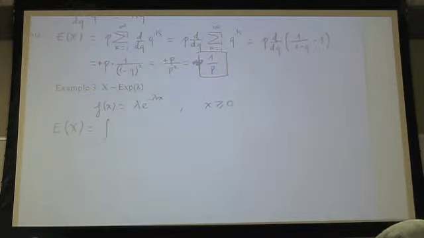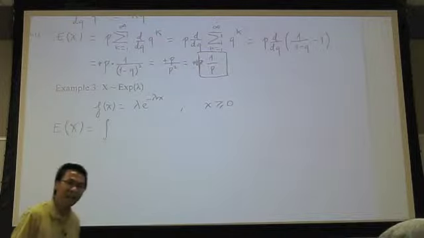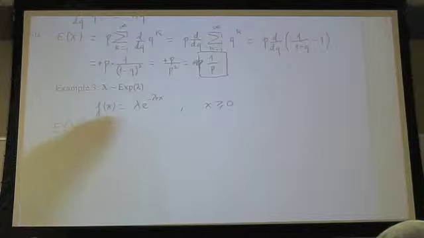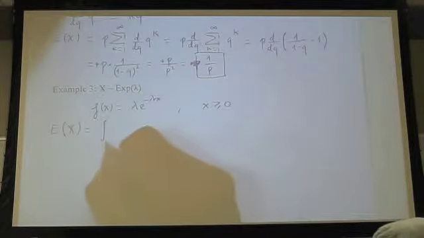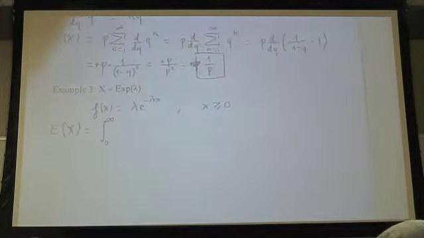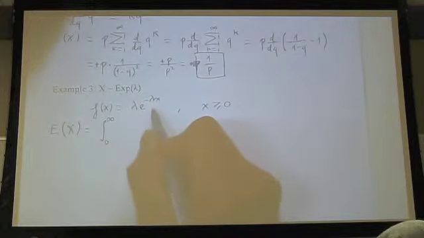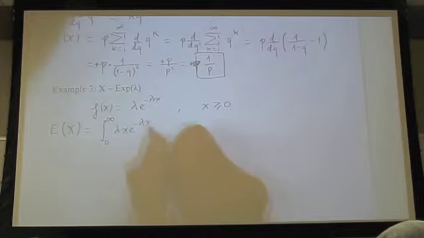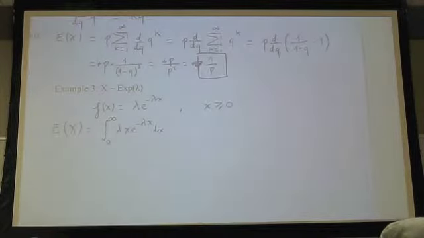Can I just do it from 0 to infinity? Yes. Because from negative infinity to infinity, the other part will kill it off, the x right here. So let me do it just from 0 to infinity of what? X times this guy. So you just have lambda times x times e to the minus lambda x dx. See how easy that is? Okay, that's how you compute the expected value.